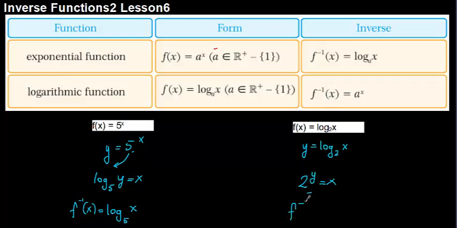So f inverse x cannot be 2 to the power of y, because the function depends on x. So it's going to be 2 to the power of x, with y replaced by x. And this is the inverse function of the logarithmic function.